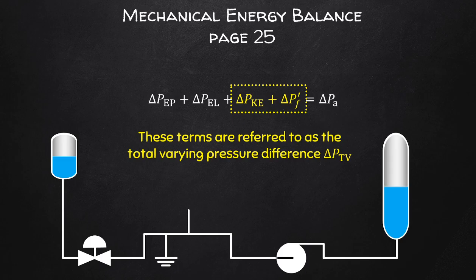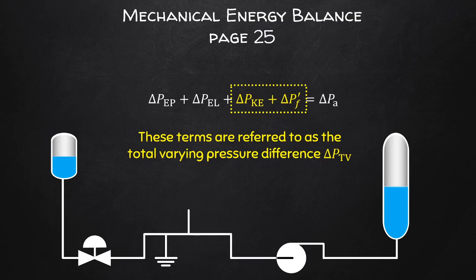So when there's no flow, there's no frictional losses. When there's no flow, there's no kinetic energy losses. And therefore, the kinetic energy and the frictional losses terms are collectively referred to as the total varying pressure, or the TVP differences.